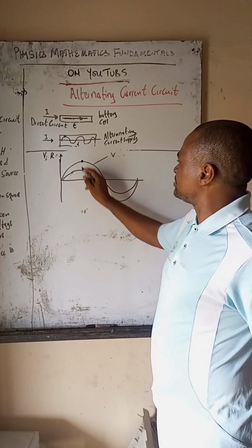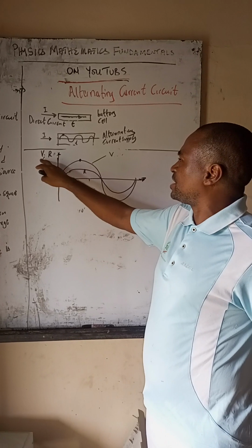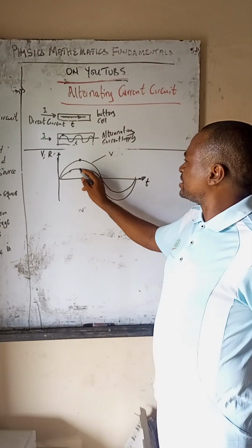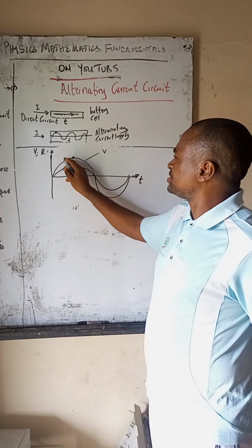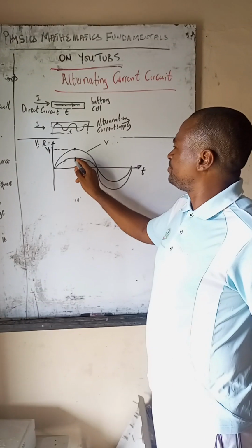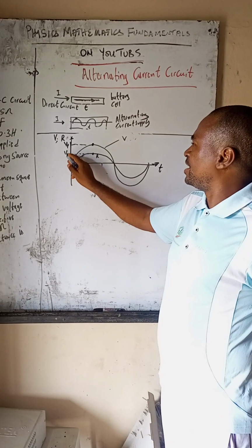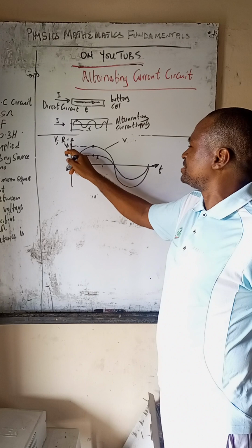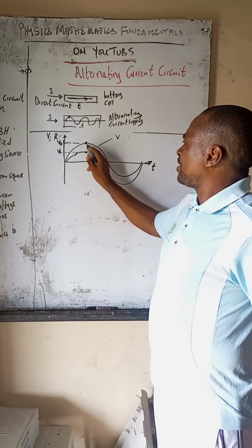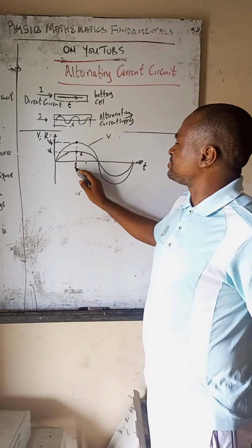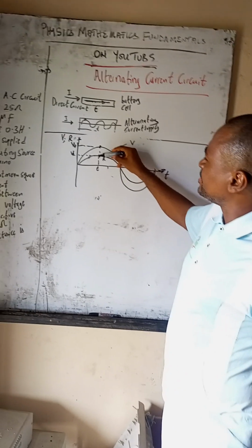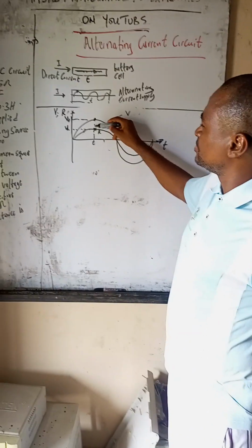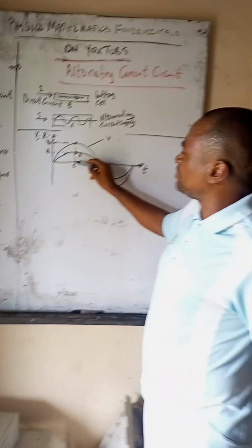We are having these parameters, voltage and resistor, plotted against time. We can see that the peak value of the voltage and the peak value of the resistor reach their maximum at the same instance of time.